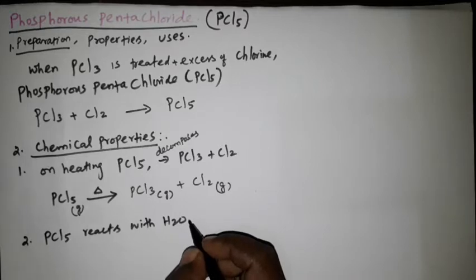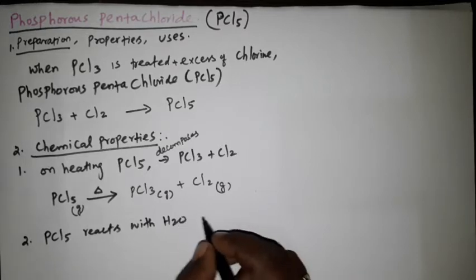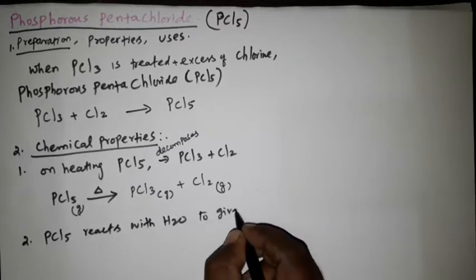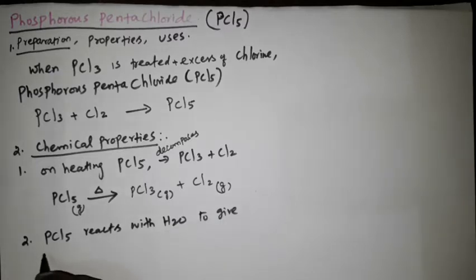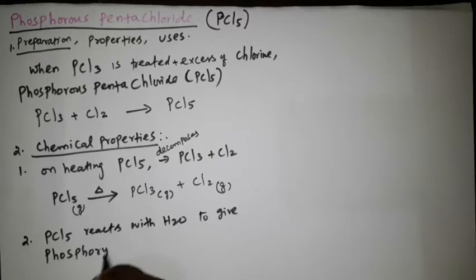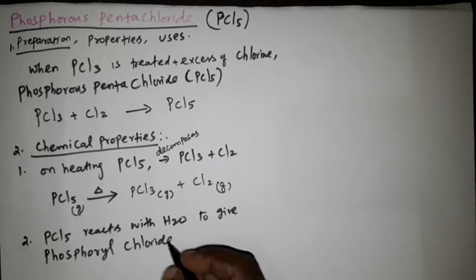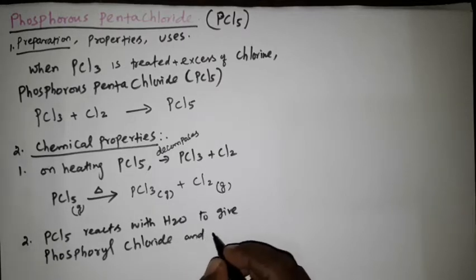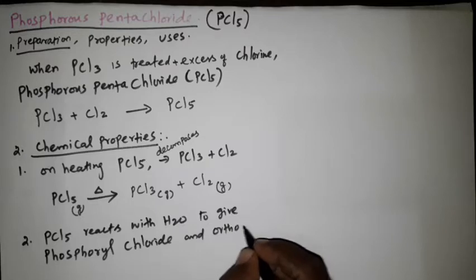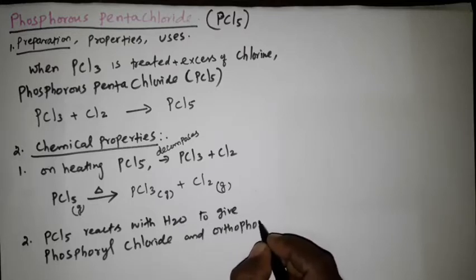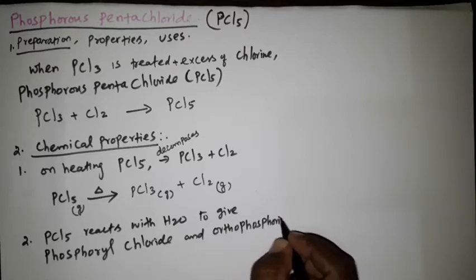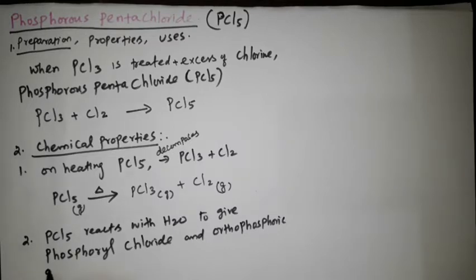First it will give phosphoryl chloride and later orthophosphoric acid. We will see the equation one by one.